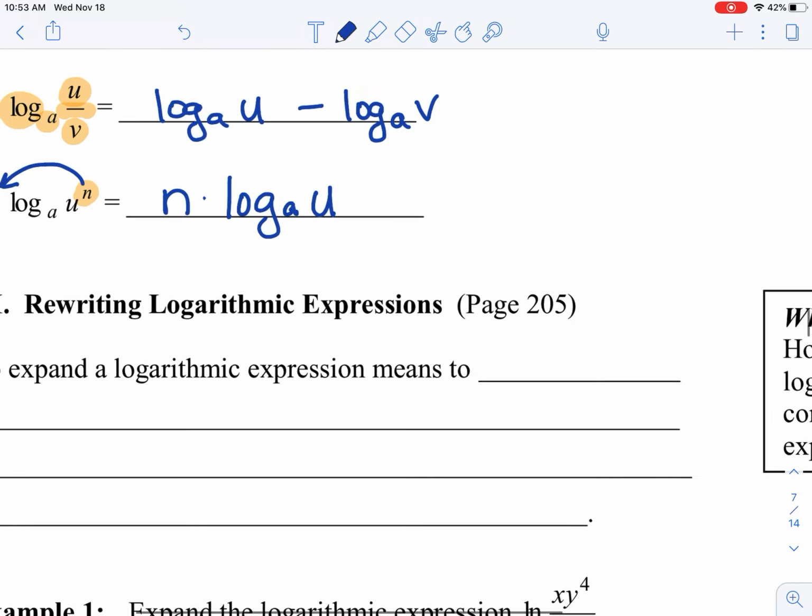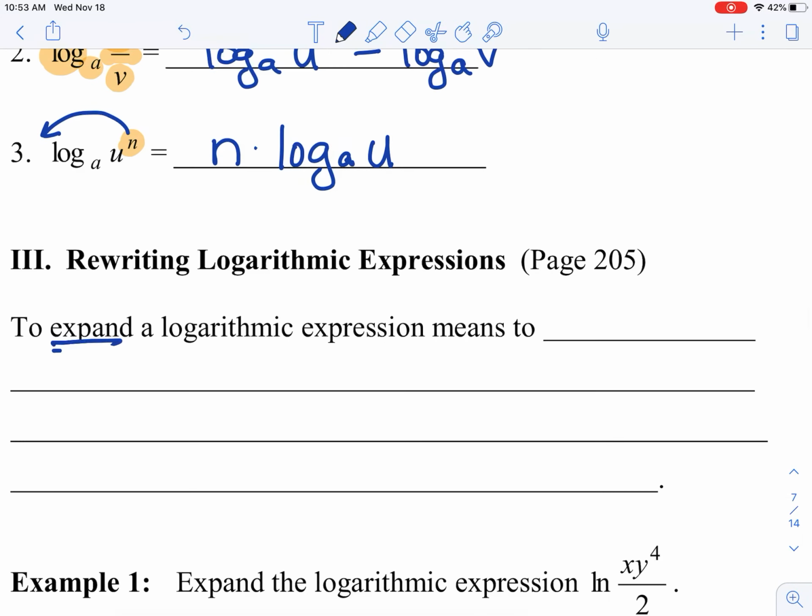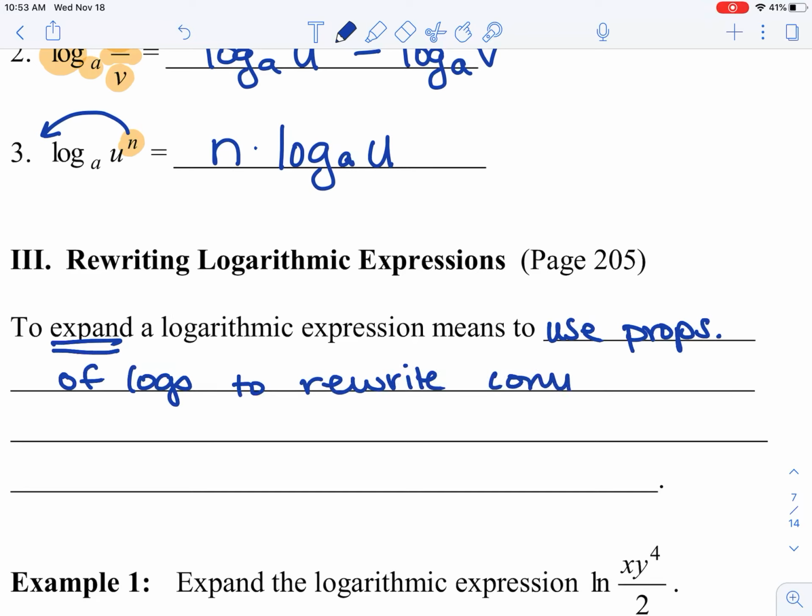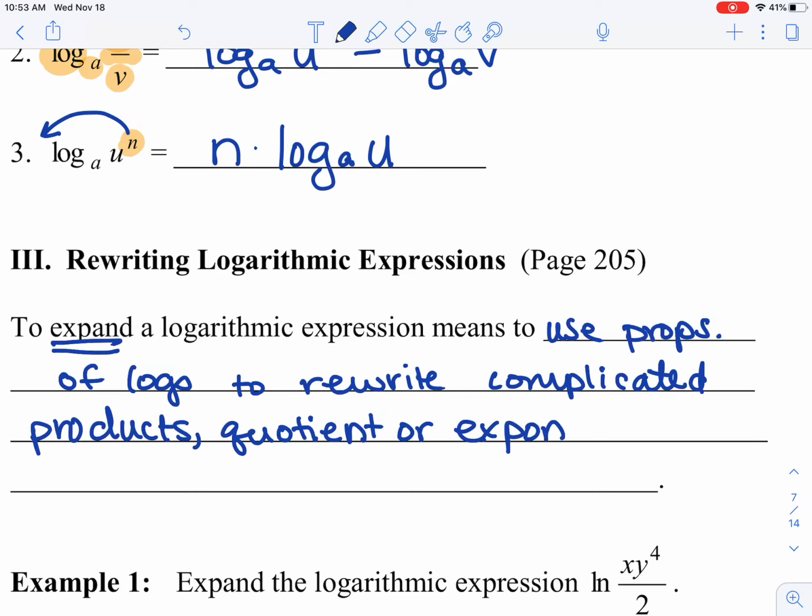So if the book or I ask you to expand a logarithmic expression, here's what that means: we're going to use the properties of logs to rewrite complicated products or quotients or exponential forms into simpler ones.